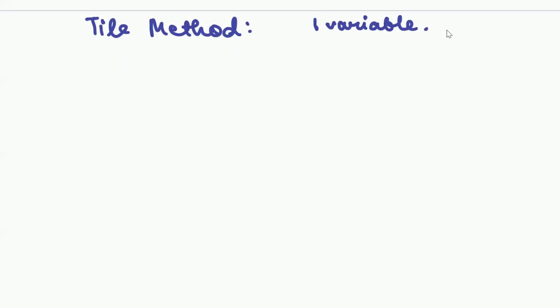So let's say you have this one square, and this will depict x to the power 1. If we make two squares like this, this will depict x squared.